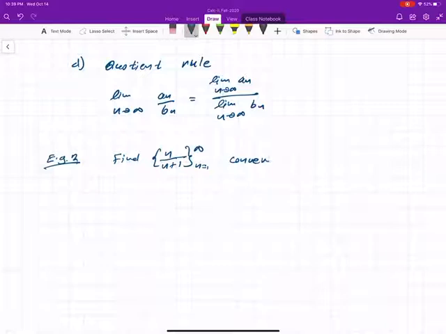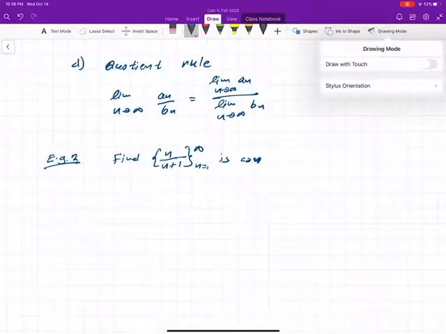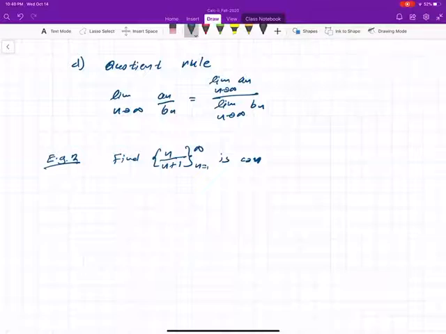You have to find whether this converges or diverges. Let me write it like this. Find whether this series is convergent.